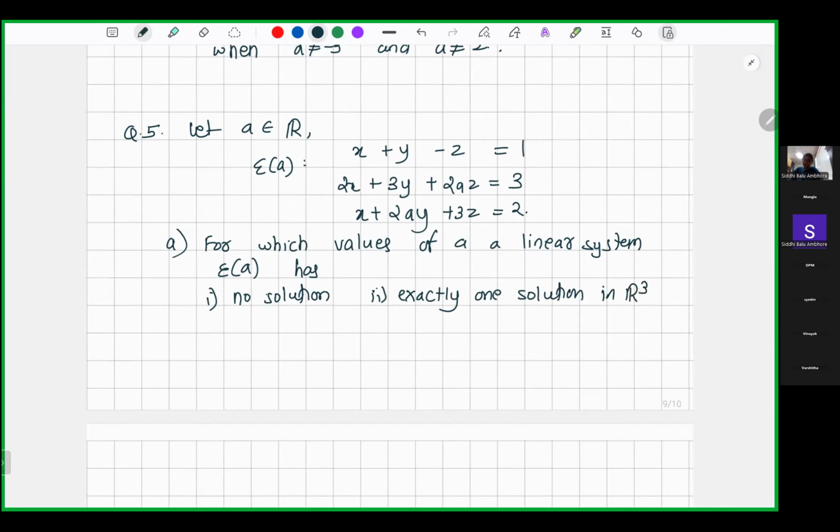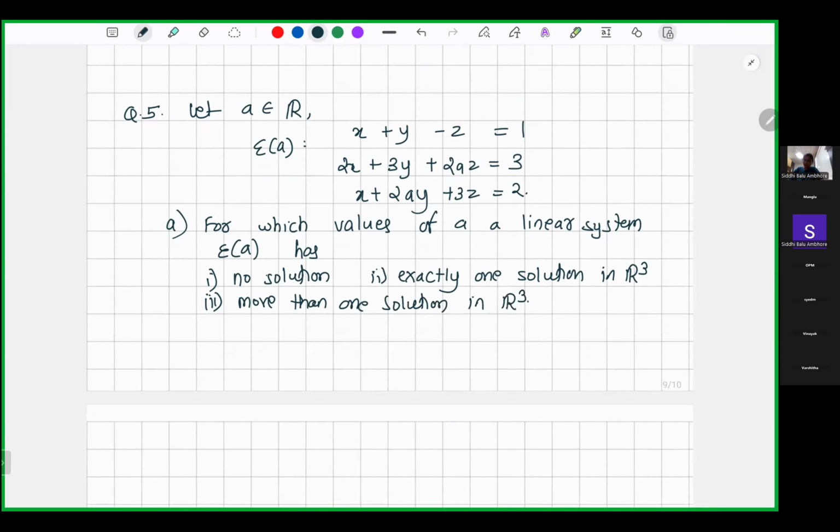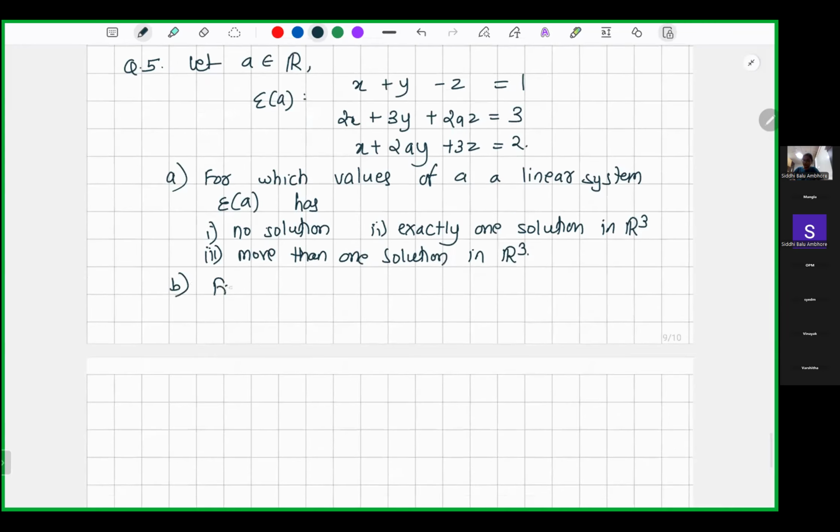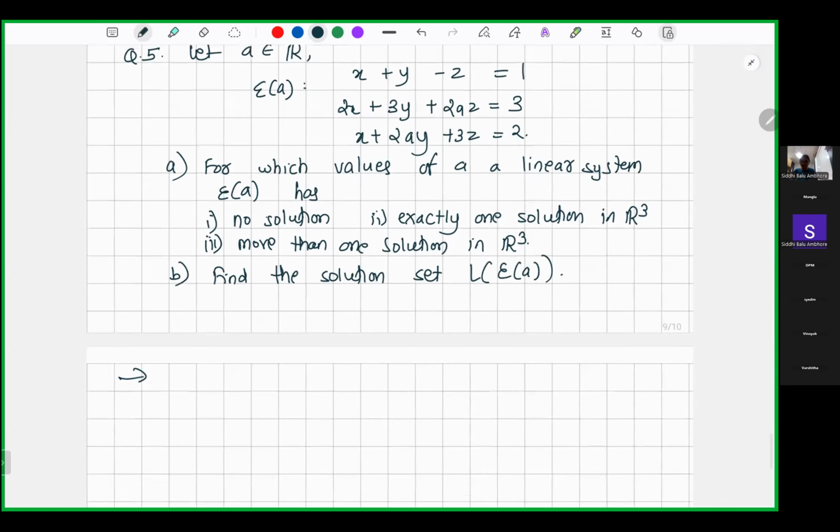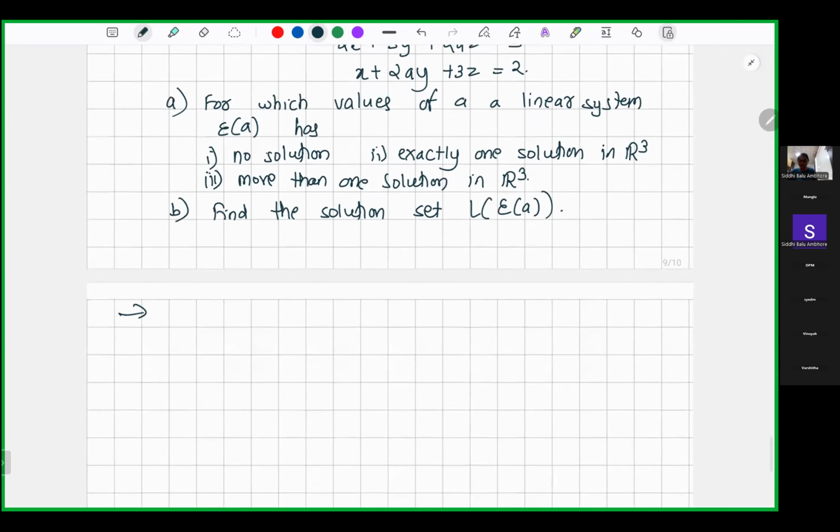Okay, they are talking about R3. And third is infinitely many solutions or more than one solution in R3. Okay, and second is that find the solution set L epsilon A. Okay, so let us see how it goes.